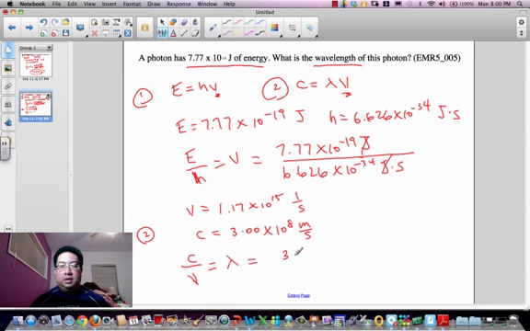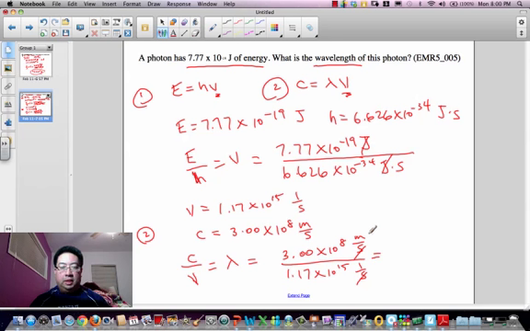And so we have to substitute and solve. So 3.00 times 10 to the 8th meters per second over 1.17 times 10 to the 15th 1 over seconds. So 1 over seconds cancels, leaving us with meters, which is good.